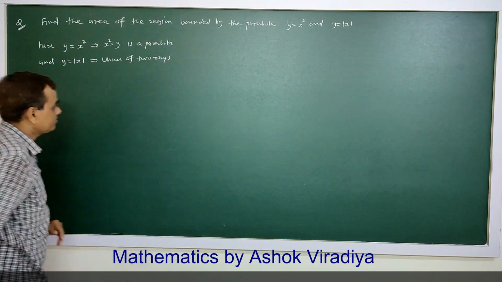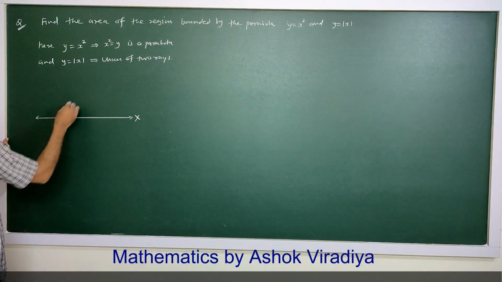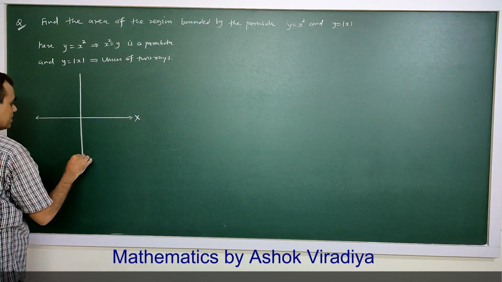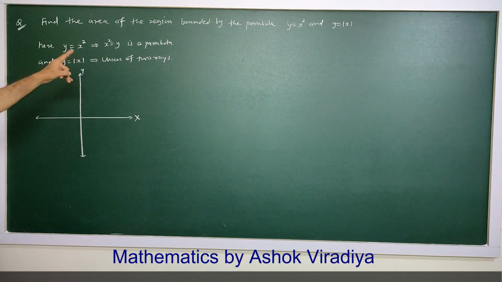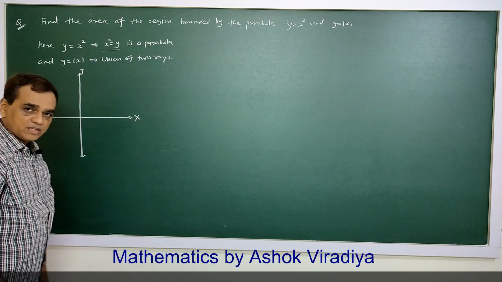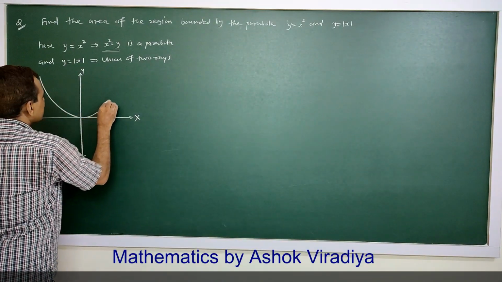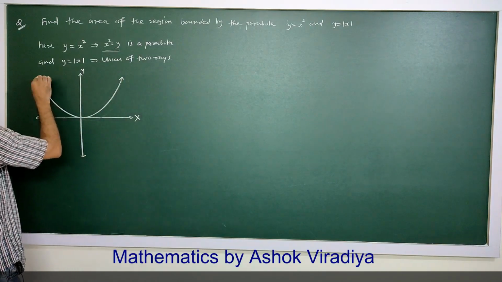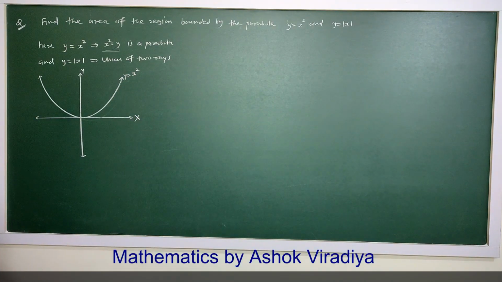Let me show in the diagram. So here this is the x-axis, this is the y-axis. x square equal to ky, k is 1. It is a parabola above the x-axis. So this is x square equal to y, or y equal to x square. Then y equal to modulus x, f(x) equal to modulus x.